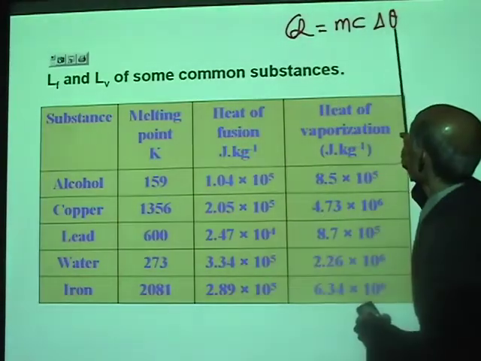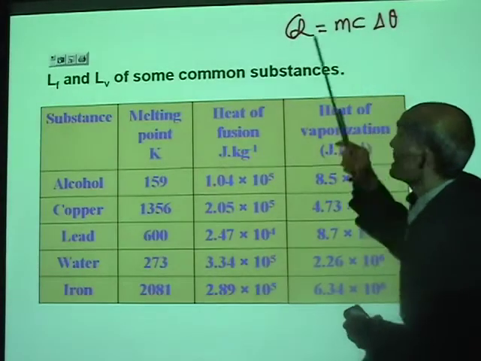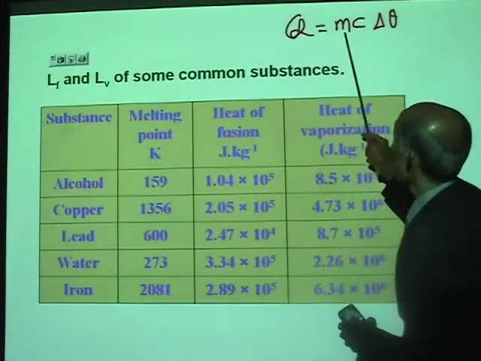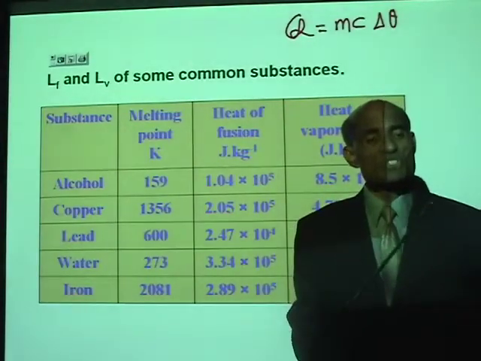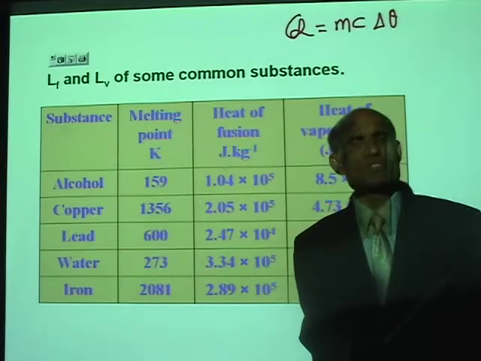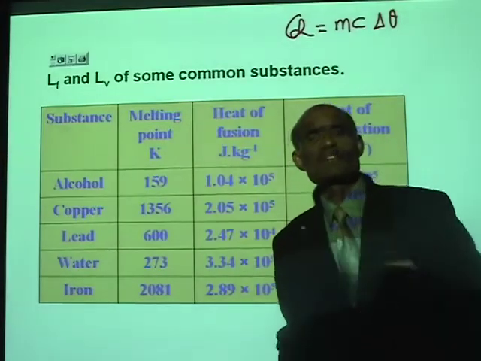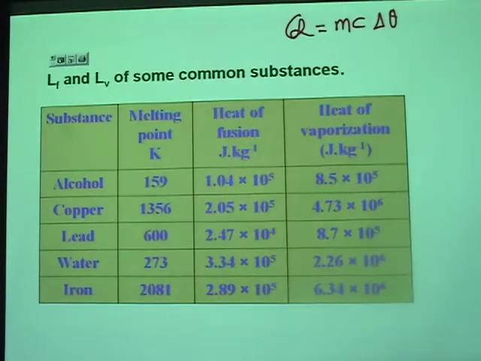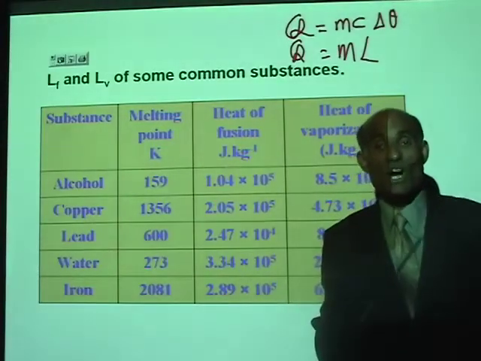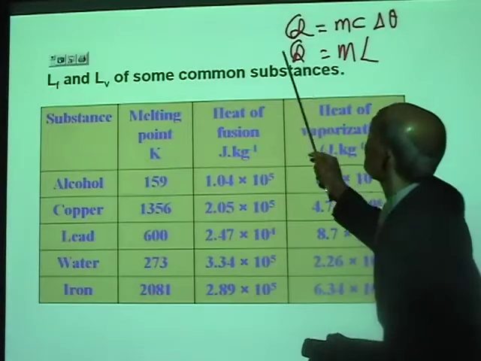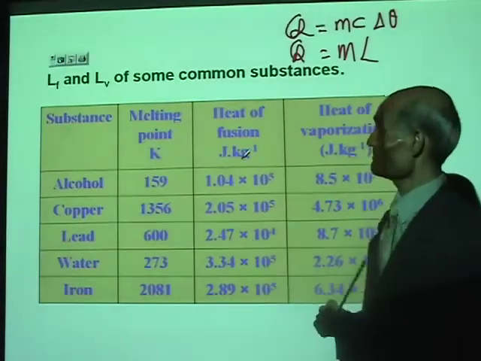When there is a change in temperature, it is the specific heat that is involved. Q equal to mc delta theta. What is the amount of heat needed to change 1 kilogram of a substance to a different state without changing the temperature? That will be Q equal to mass times latent heat. Whether it is latent heat of fusion or latent heat of vaporization, depending on the change. We will be using these for our calculation.